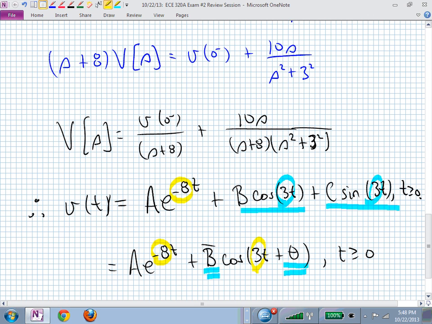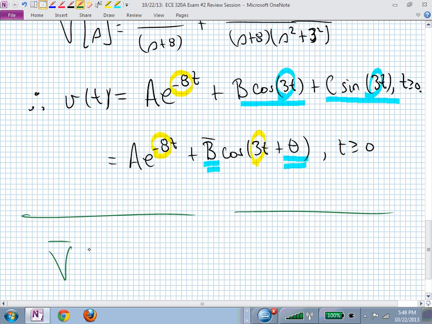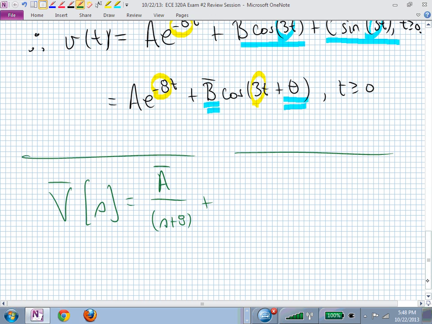So if you had a polynomial, so instead of v of s, maybe you ended up with a v bar of s that looked like a bar over s plus 8 plus, and now let me say we have, I don't know, 6s over s plus 8, but now we have s squared plus 5s plus 15.